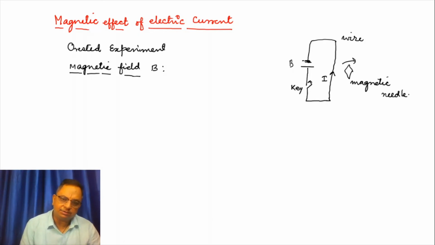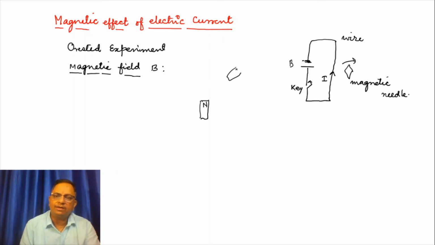We know that near any magnet, when we keep another magnet, we find a force acting between the magnets. This way we say that there is a property which deflects or affects the other magnet. Suppose we have a magnet, and here it is the North Pole.